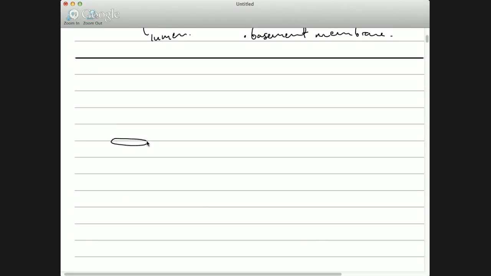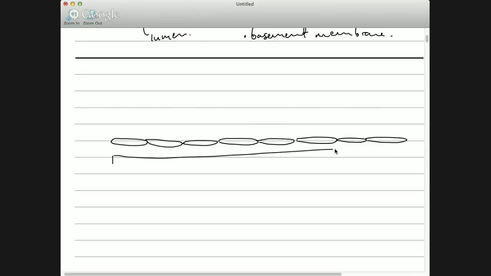Now, mind you, I am no artist, so I do apologize if my drawings don't look pretty, but so long as they're pictorially accurate. So we've got our vascular endothelium here, and below it, we've got your basement membrane. Now, what causes an acute inflammatory process is when you have some sort of injury to a tissue.